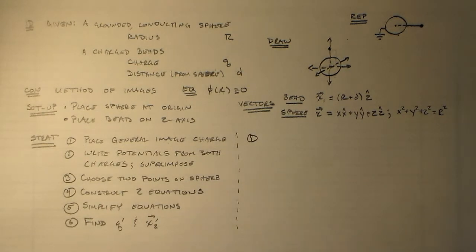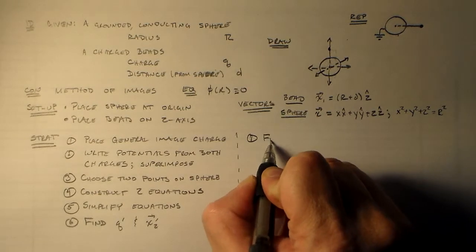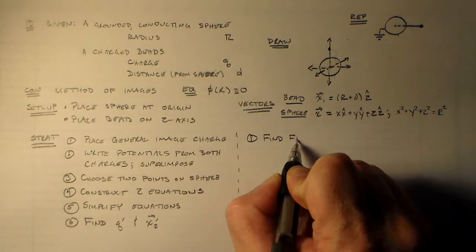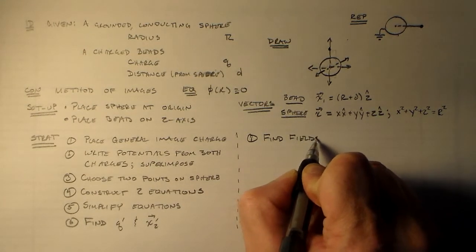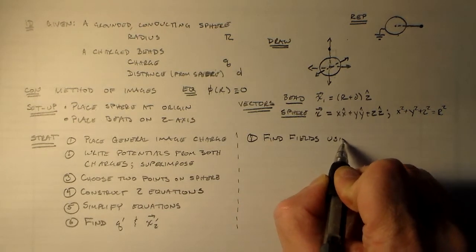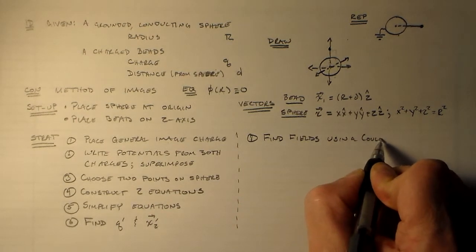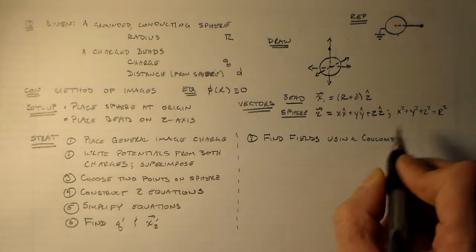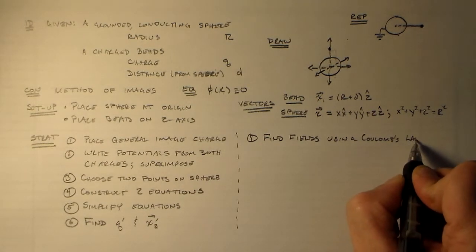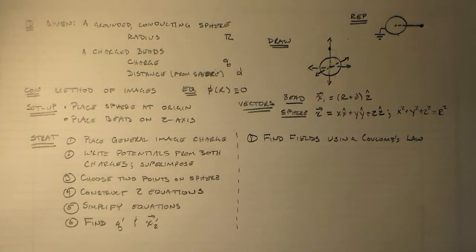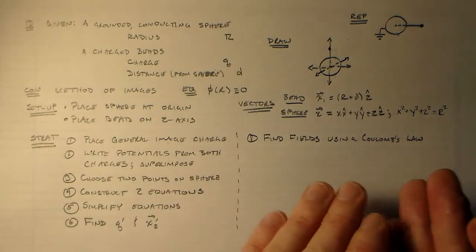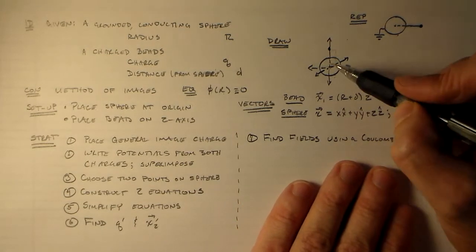Okay, so to do that, we'll first find the fields using Coulomb's law. So we don't need to do anything fancy. We don't need to take the gradient of the potential, even though we've got the potential over here, right? We don't need to take the gradient of the potential because we already know what's going to happen.